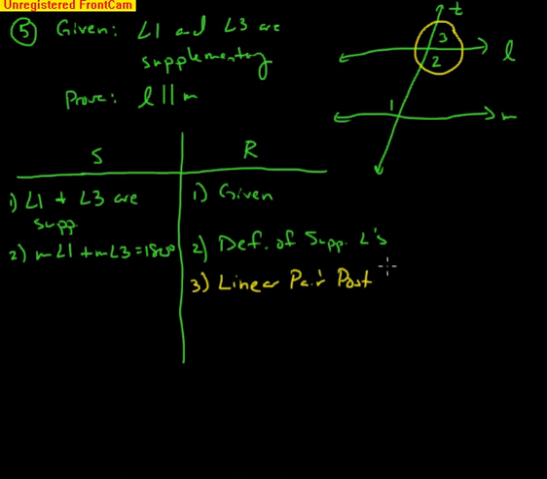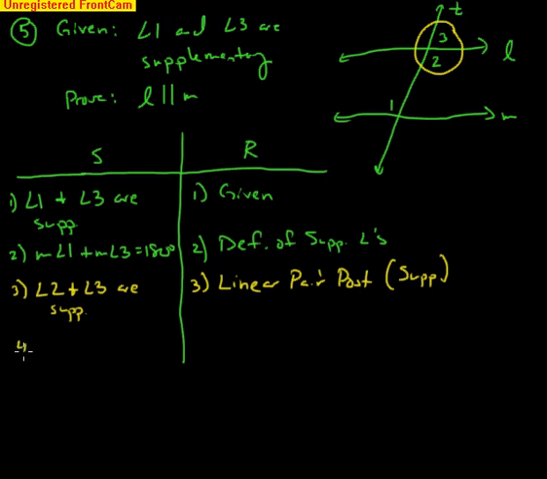What this says is, if they are a linear pair, then they're supplementary. So we know now that angle 2 and angle 3 are supplementary. Linear pair postulate.